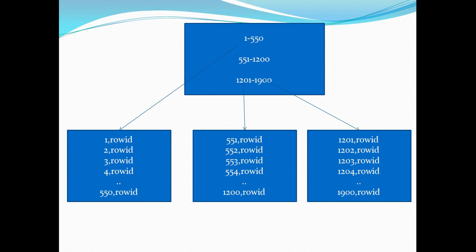But for now, when this second block reached its threshold where it could not accommodate any more row ID values, it split into another block, and some of the data can either be copied from my old block to the new block, or in this case, since we have incremental values, I will retain all the old values in my previous block and the new value 1201 will be written to my rightmost block.